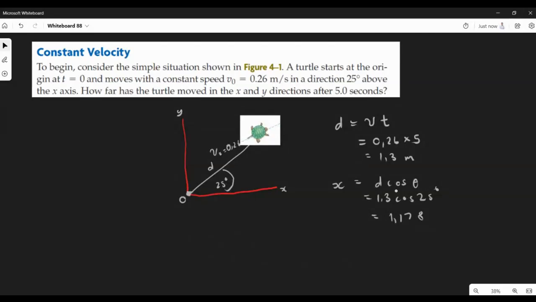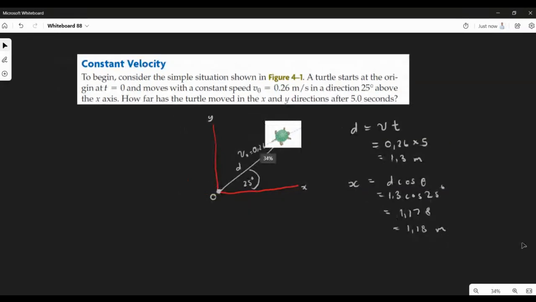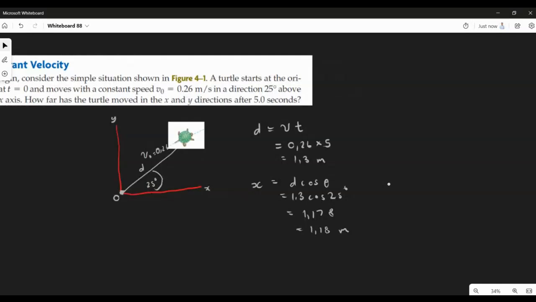Let's round it off to 1.18, right? Okay. Then for the y, it's basically the same. We can have d sine of theta. I'm deliberately doing this just as a warm-up.